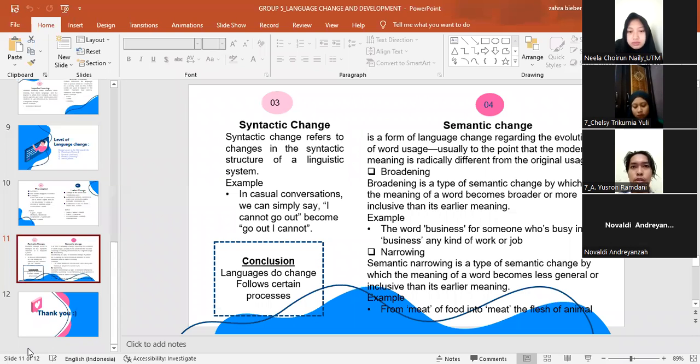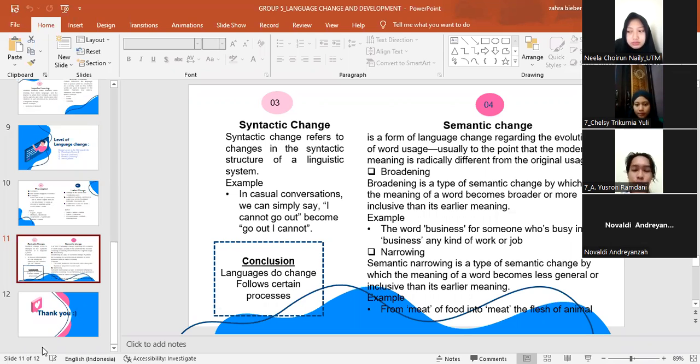Syntactic is only the structure that changes, but in semantic change it is the word meaning that changes. I'm going to mention the types of semantic change first. There's broadening and narrowing.